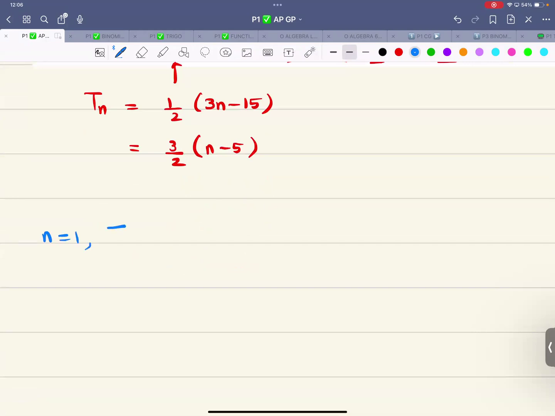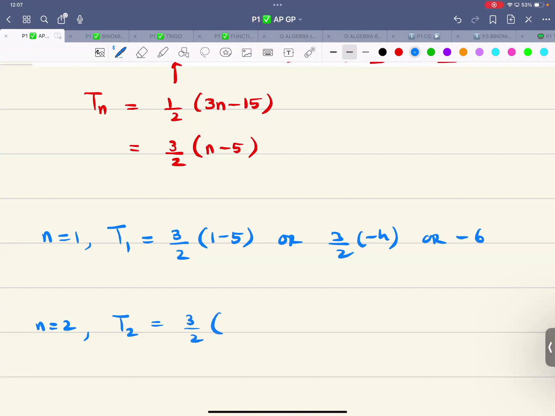When n is 1, T1 is 3 over 2 into 1 minus 5, that is 3 over 2 into negative 4, that is negative 6. Let me plug in n equals 2. T2 is 3 over 2 into 2 minus 5, that is 3 over 2 into negative 3, which comes out to be negative 4.5.